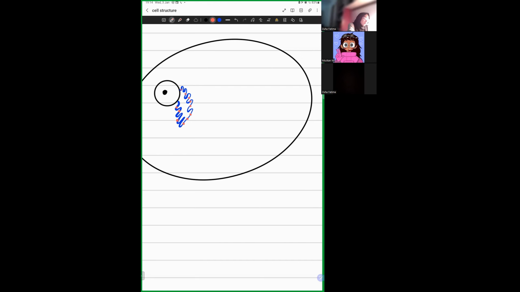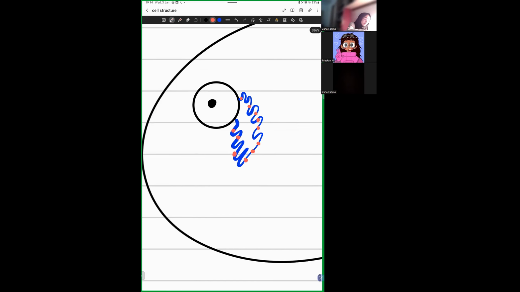Now, what is happening over here? Let's have a look at this ribosome. For example, this ribosome just made one polypeptide chain.